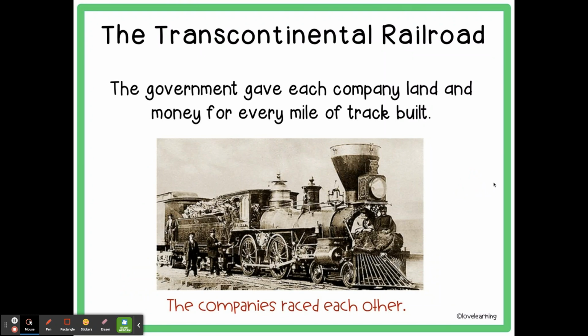So the government is giving each company land and money for every mile of track they build. So the company is wanting to work extremely fast.